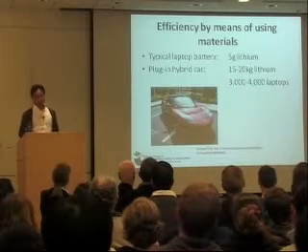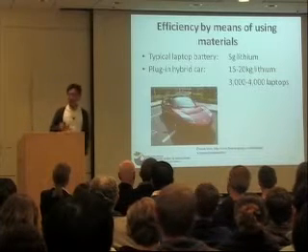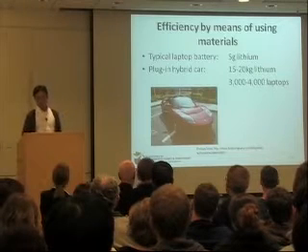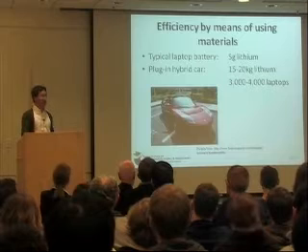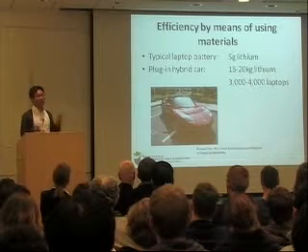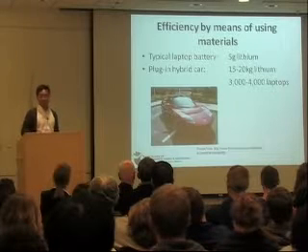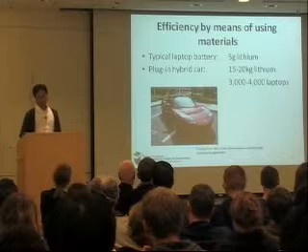So, of course, plug-in hybrid cars are good in terms of reducing reliance on fossil fuels and reducing air emissions, especially tailpipe air emissions. But at the same time, there is a trade-off between additional use of materials and reduced energy consumption by those plug-in hybrid vehicles.